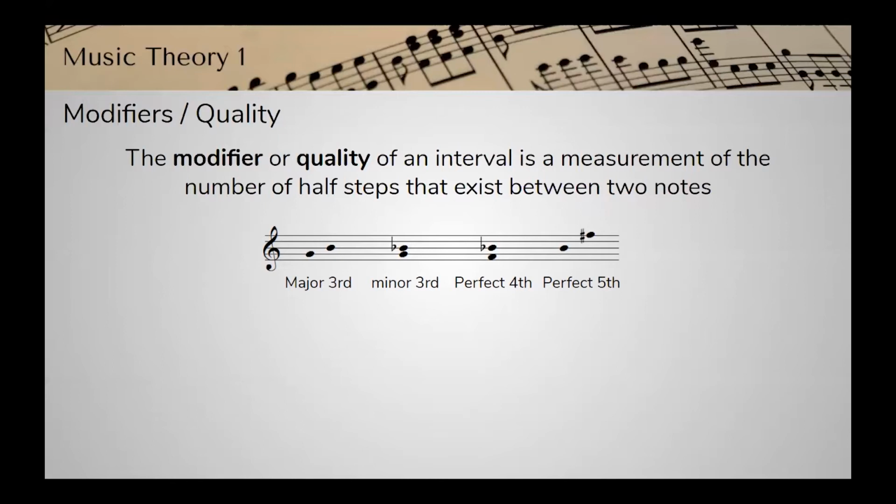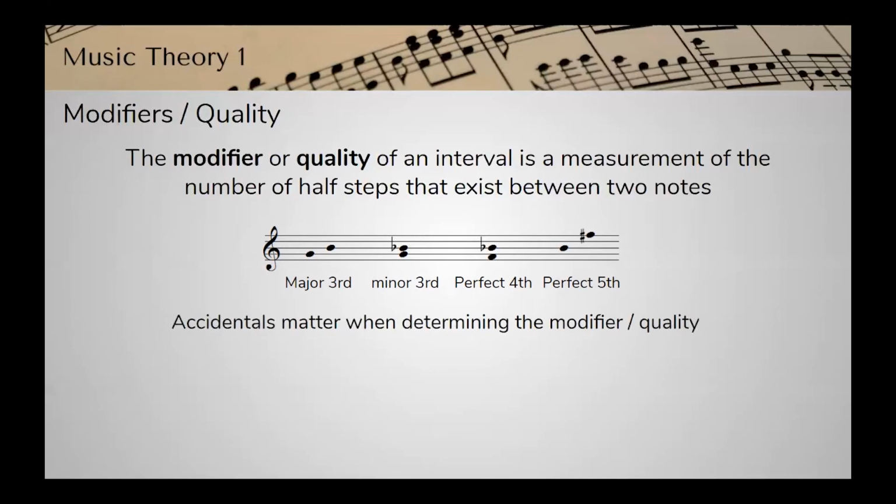So we have over there all the way on the left, G to B. So that's a third, but more specifically, it's a major third. And then if we made that smaller by adding a flat, we'd have the next interval there, G to B flat, and that's a minor third. And then the next interval there is F to B flat, which is a perfect fourth. And then at the end there we have a B natural to an F sharp, which is a perfect fifth.